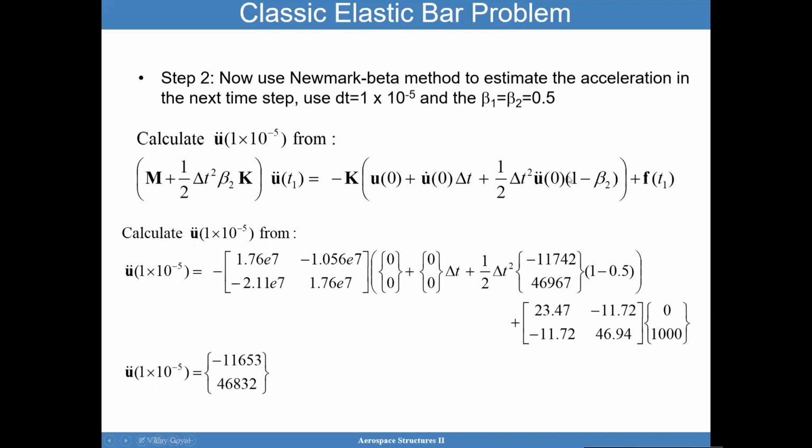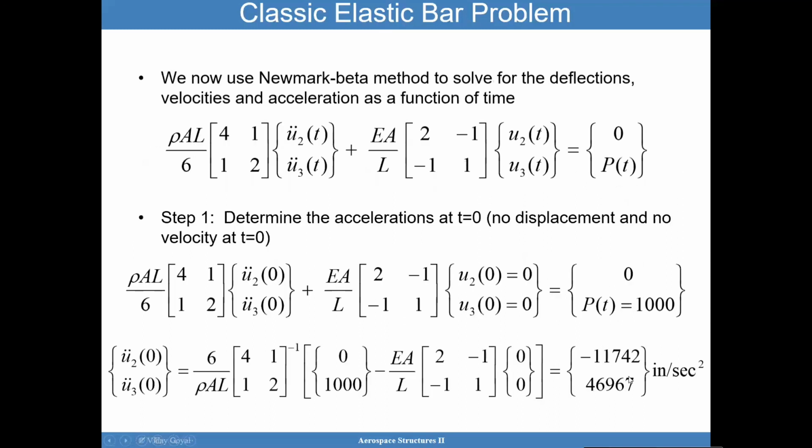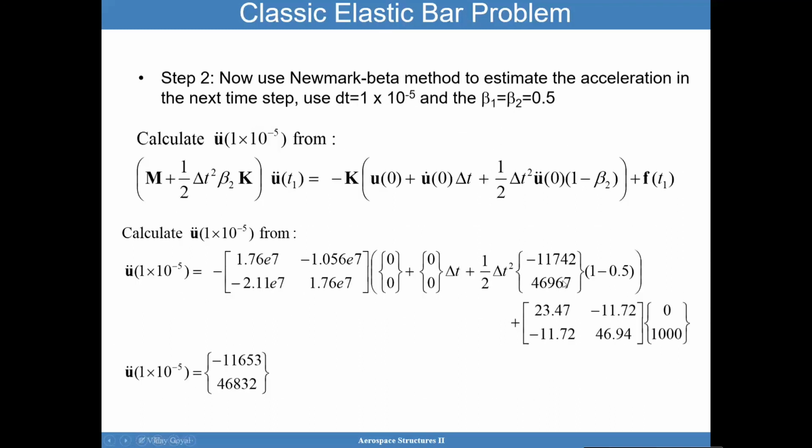I just calculated acceleration at time equals 0. I know delta t, and I know what the force vector is, which is 0 and 1,000 at time equals 1 times 10 to the minus 5. This is 0, this is 0. I know delta t. The accelerations were just calculated here at time equals 0. So I know that. So I can calculate the accelerations in the very next time step.